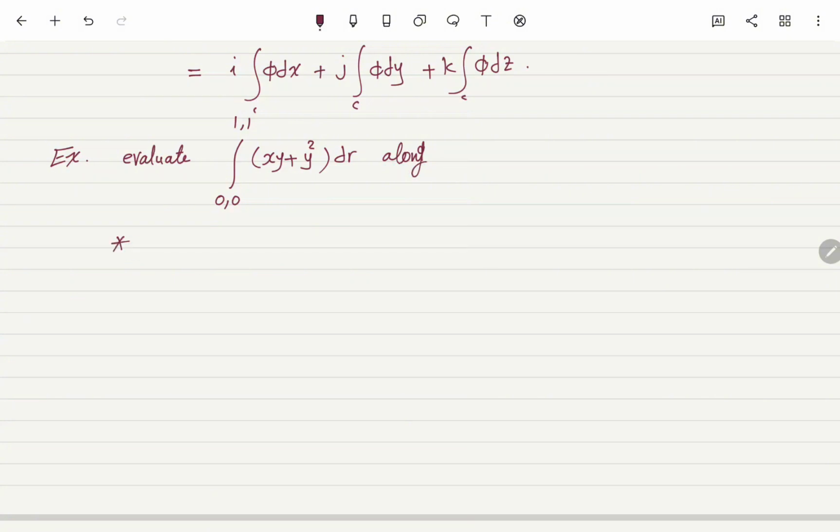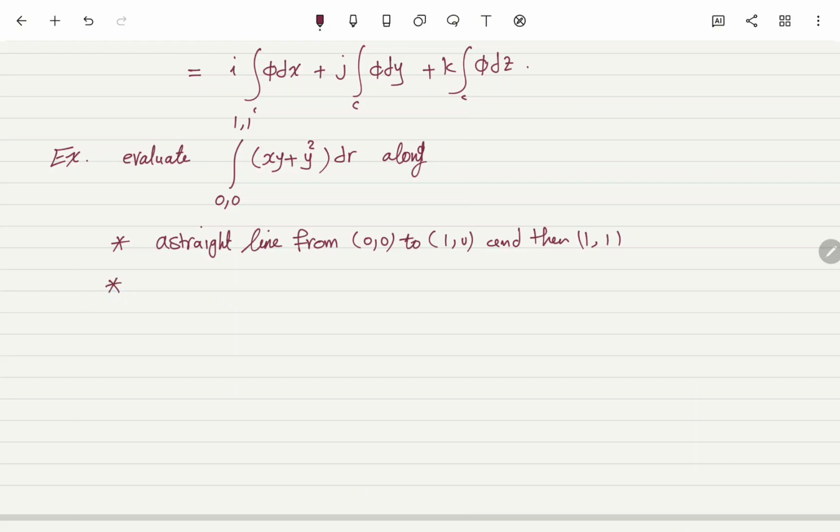1, a straight line from 0 0 to 1 0 and then 1 1.